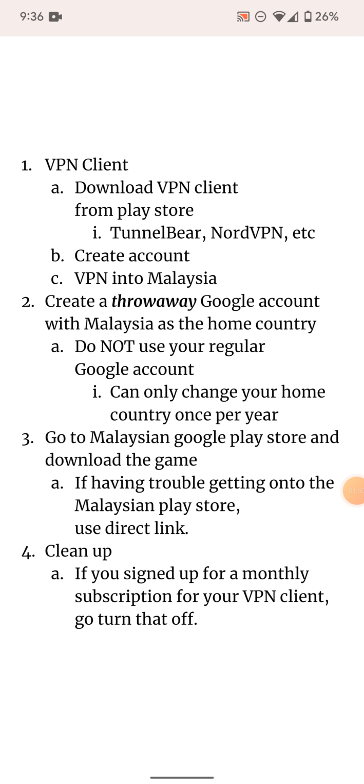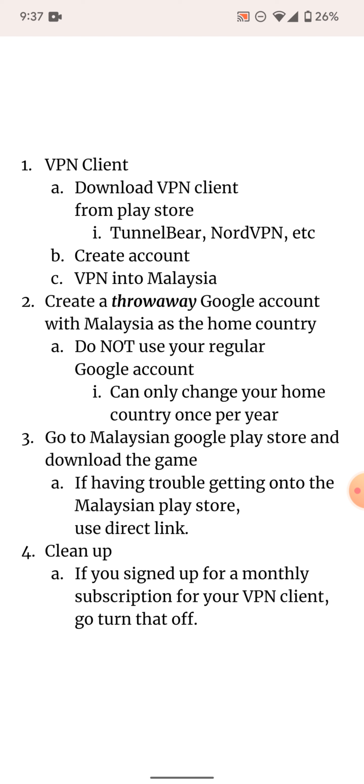So there are 4 steps that we're going to go over. First, we need our VPN client. We're going to download it, create an account, and head over to Malaysia. Second, we need to create a throwaway Google account with Malaysia set as the home country for that Google account. Do not use your normal main Google account because you can only change your home country once per year.